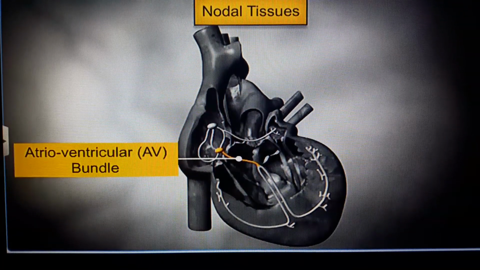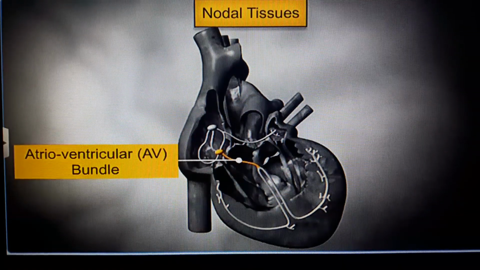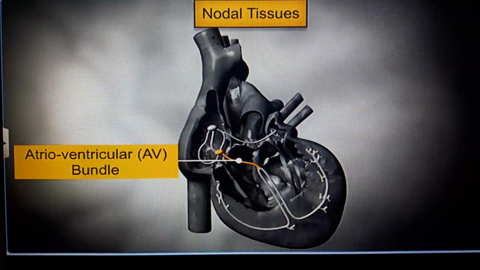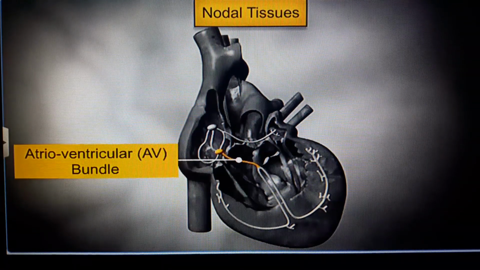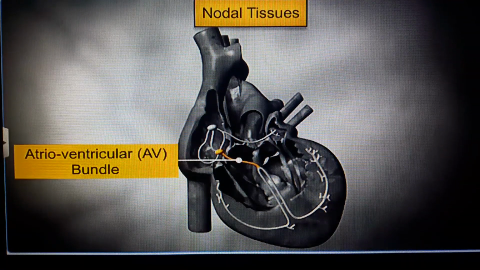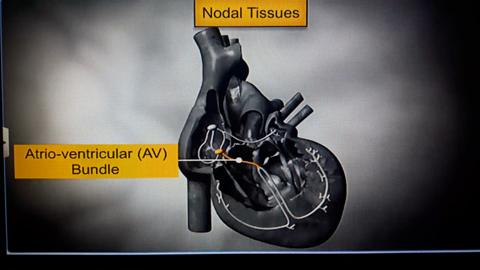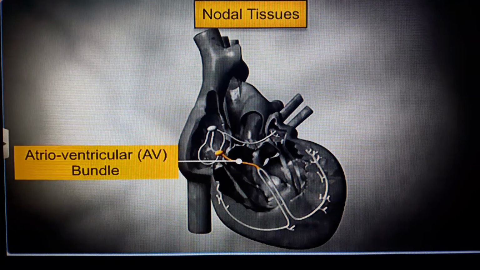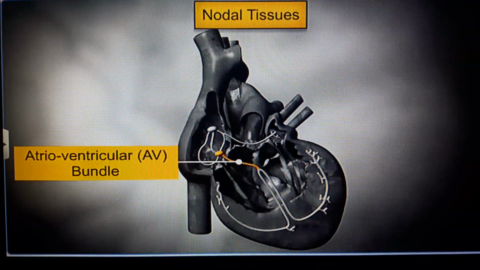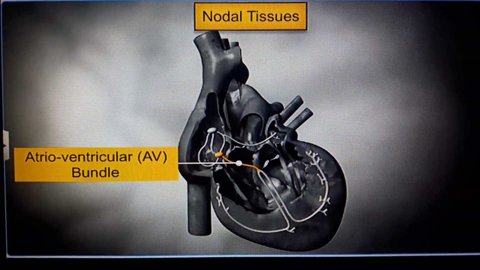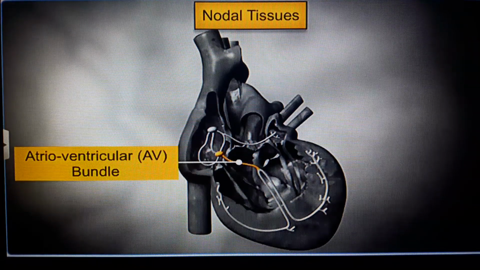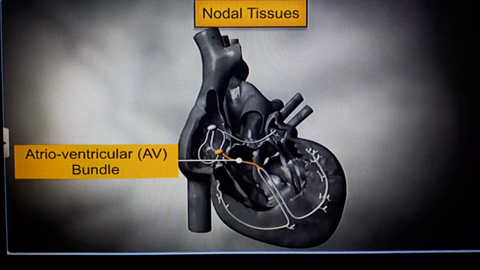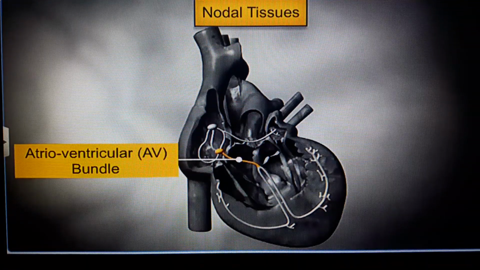Another type of nodal tissue is the atrioventricular bundle. The AV bundle is a bundle of muscle fibers that descends from the AV node along the interatrial and interventricular septa and forms a continuity between atrial and ventricular muscles. It receives the excitation from the AV node and passes it on to the bundle of His.